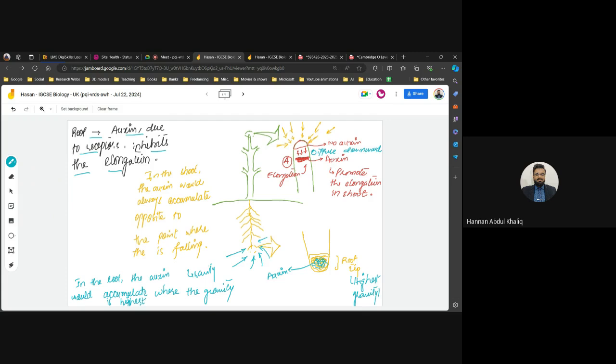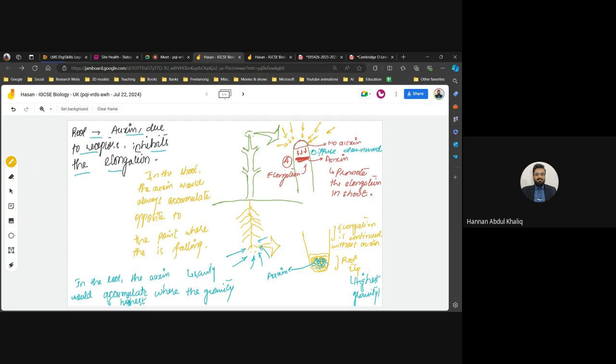Now the point is when the auxin would inhibit the elongation, the rest of the cells over here, elongation is continued without auxin. Why am I saying this? Because if there is auxin in root, it would inhibit the elongation.